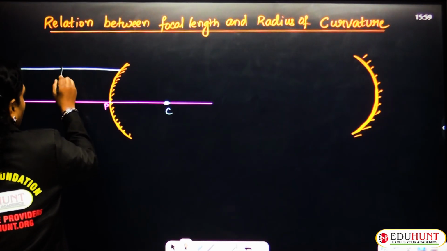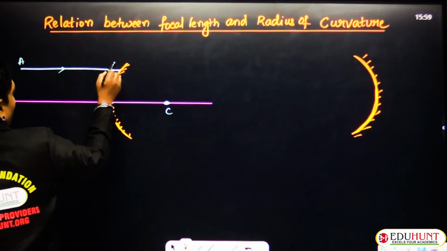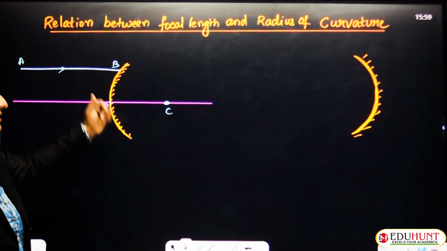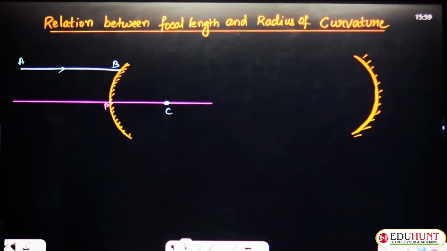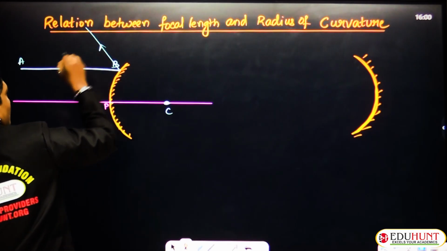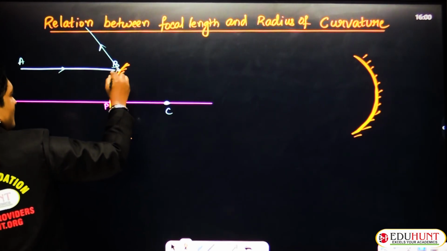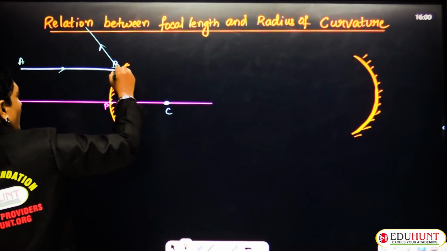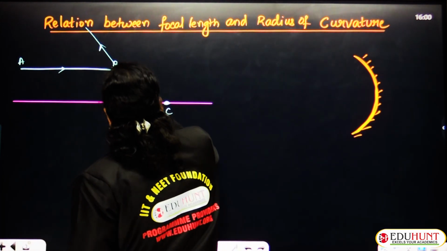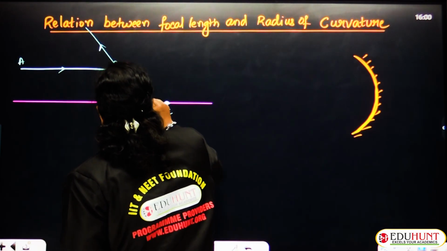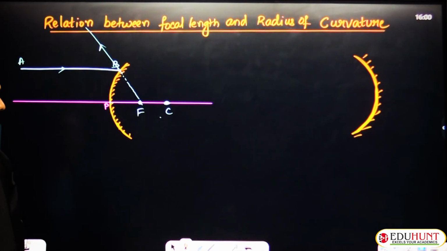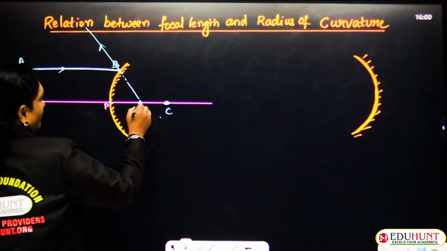All the parallel beam of light rays, say AB, after falling on the curved surface will reflect back, and if they are produced, they appear as if they are meeting at some point, and that point we name F, where C is the center of curvature.